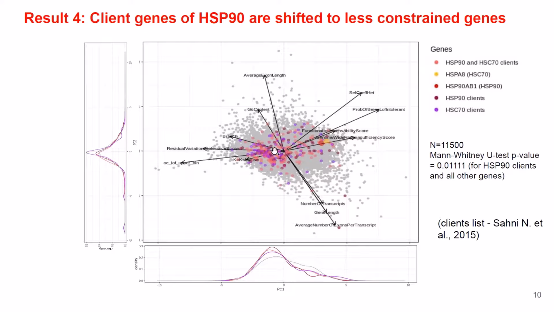We see that metrics such as selection coefficient of heterozygosity, probability of being loss-of-function intolerant, and residual variation intolerance score all reflect the evolutionary constraint, and they contribute more to the first principal component.